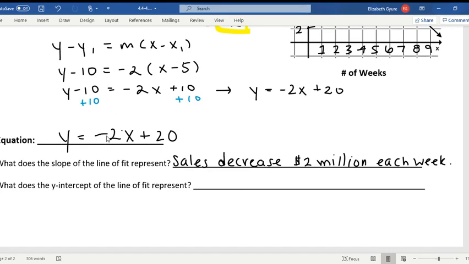Always think of your y-intercept as your initial value. Your y-intercept is always what you're starting with, right? In the previous problem, that worker was starting with -$4. This time you're starting with plus $20 million. So this means they're starting with 20 million in profits and it's going down 2 million each week. So again, your y-intercept is always your initial value and your slope is like the change that's happening each week or each day or each hour.